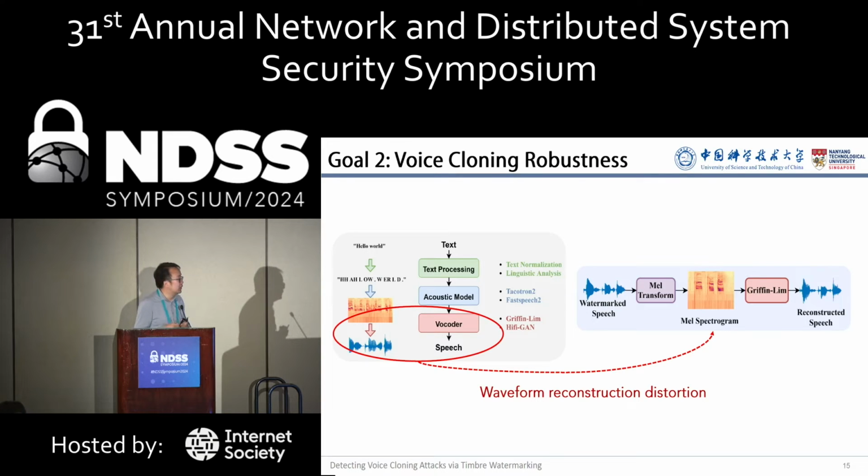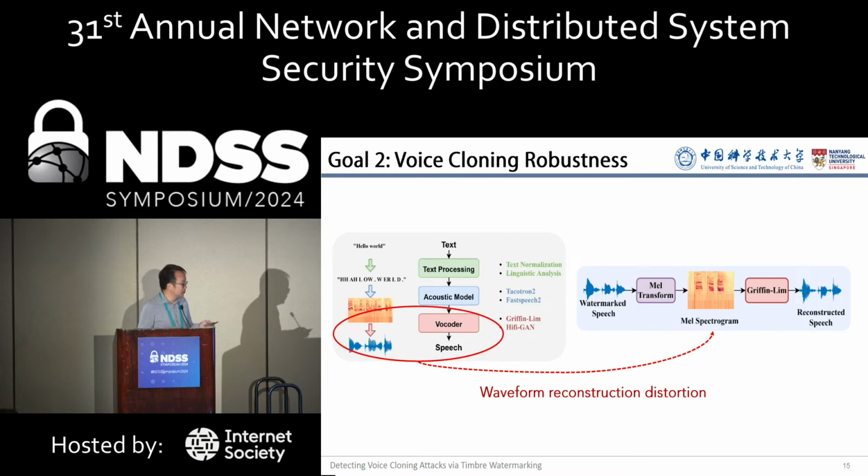According to our results, the vocoder introduces a lot of distortion or perturbations, which can possibly degrade the quality of the watermarks or even remove them. So in order to make our watermarks robust against this operation, we introduce a distortion layer, which simulates the possible operations in the vocoder.